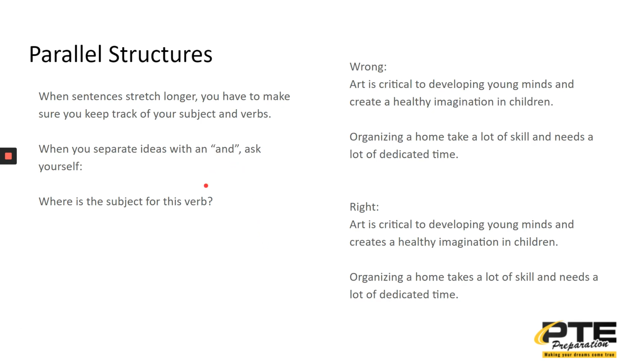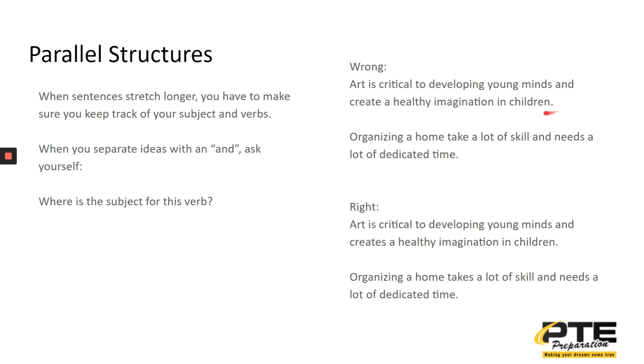Another confusing part is parallel structures. Sometimes people use and to separate ideas that go with the same noun, and when you do that, you have to make sure that you find the subject for the verb. For example: art is critical to developing young minds and create a healthy imagination in children.